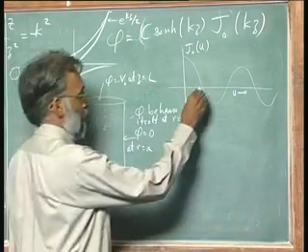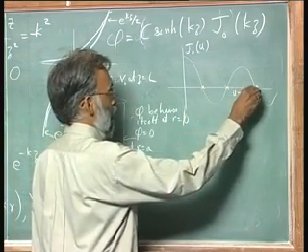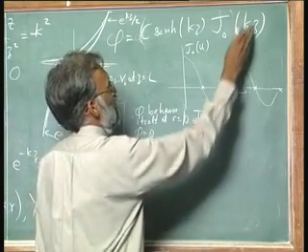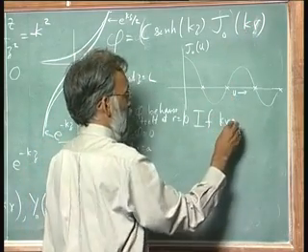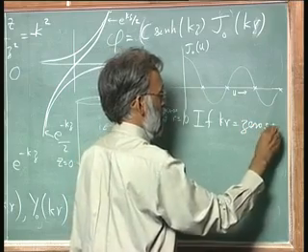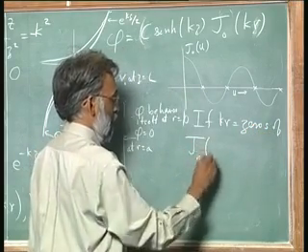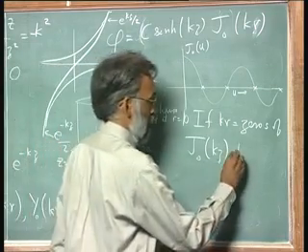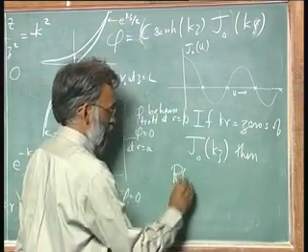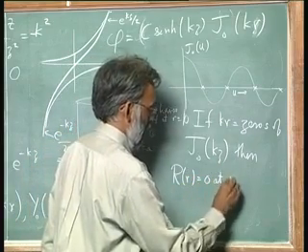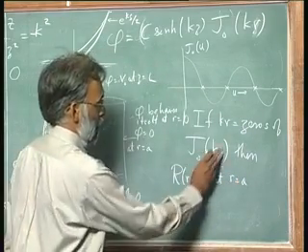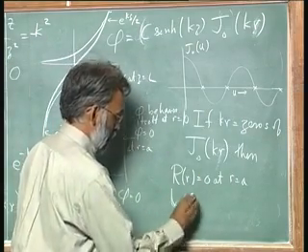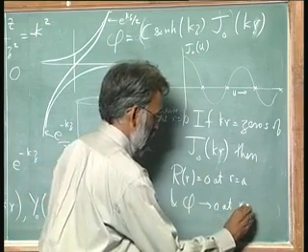So, if kr were equal to zeros of J0, then R of r equals 0 at r equals a, and phi goes to 0 at r equals a.